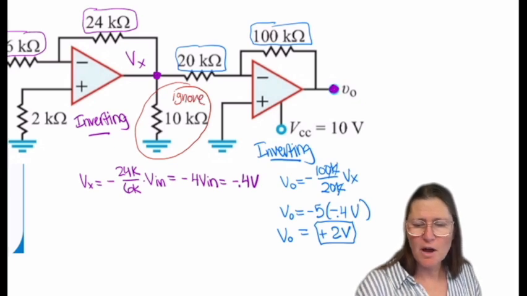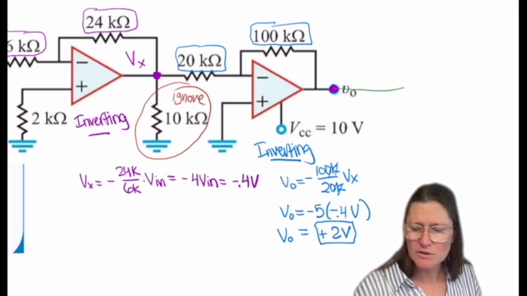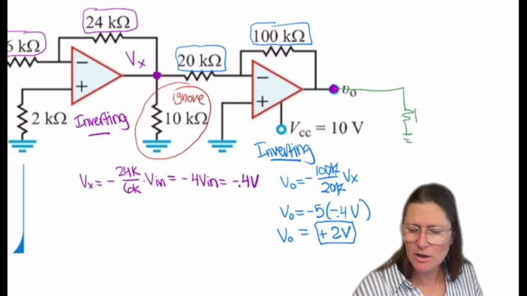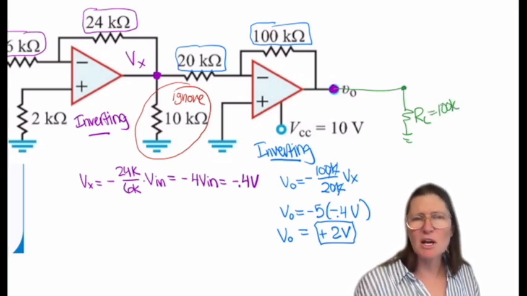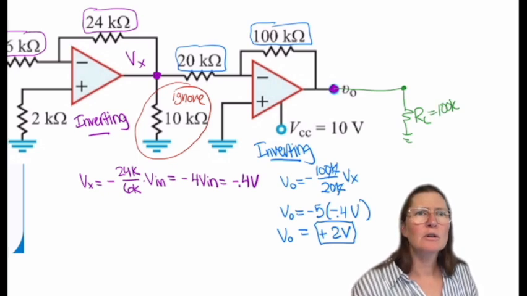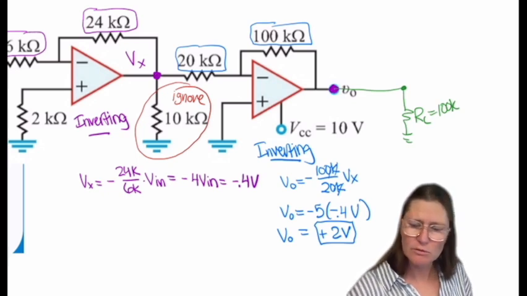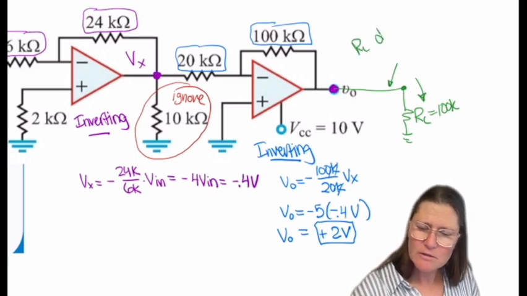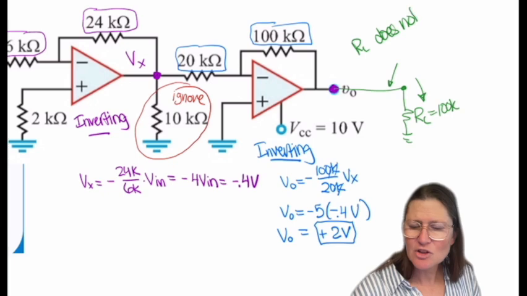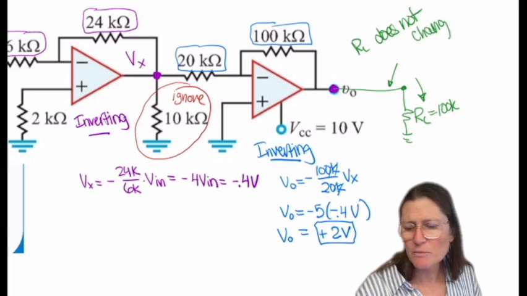What if I put a resistor right here, an RL resistor? If this is 100K, does that change my output VO? It doesn't change the output VO at all, correct? So RL does not change your output VO.